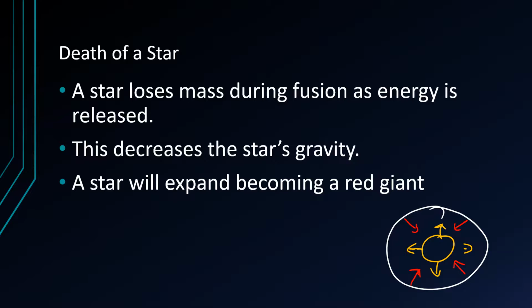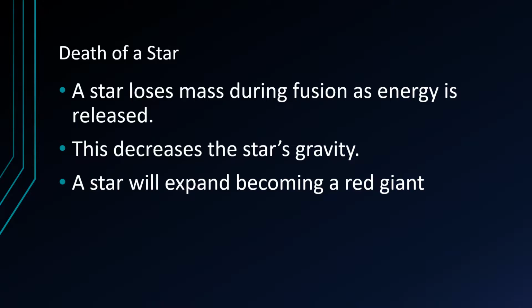So if gravity decreases, and let's think about force readings, if gravity now has less force, then the pressure of fusion is going to cause that star to expand. And this is for all stars, high mass stars and low mass stars. And it'll become a red giant. Typically, low mass stars will become just straight up red giants.